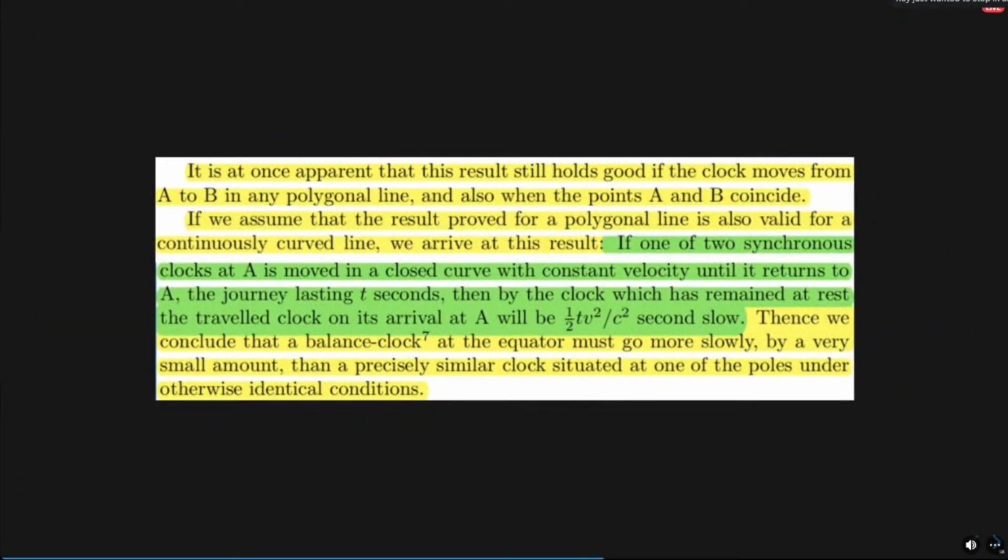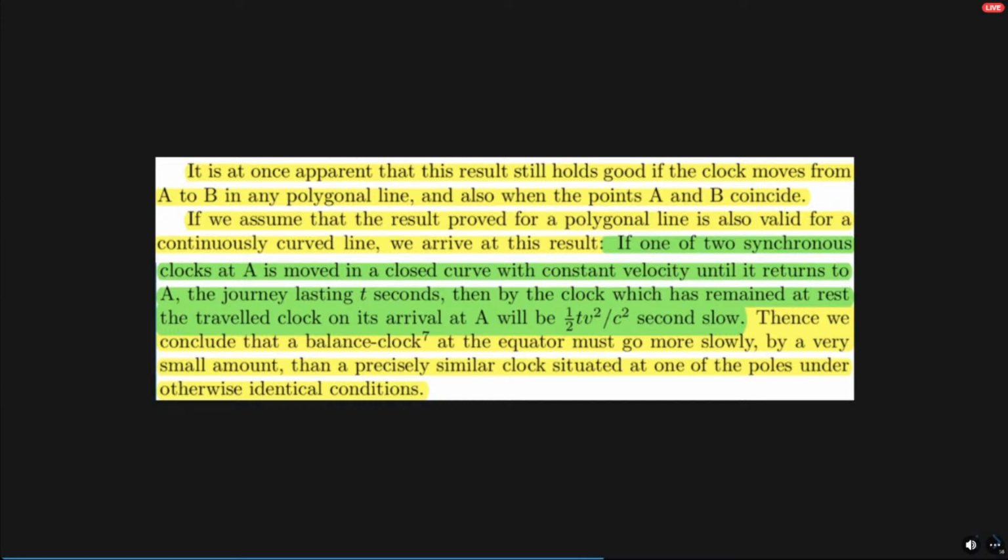And then we have one more. It is at once apparent that this result holds good if the clock moves from A to B in any polygonal line, and also when A and B coincide.